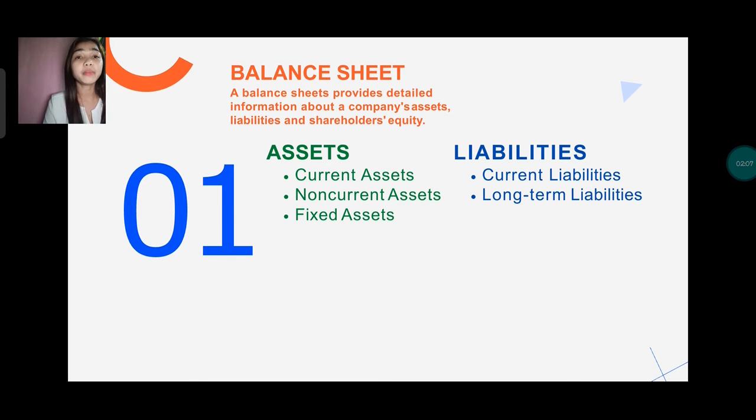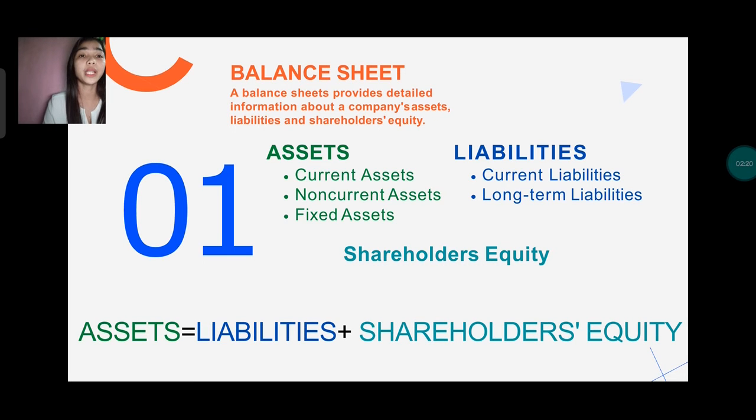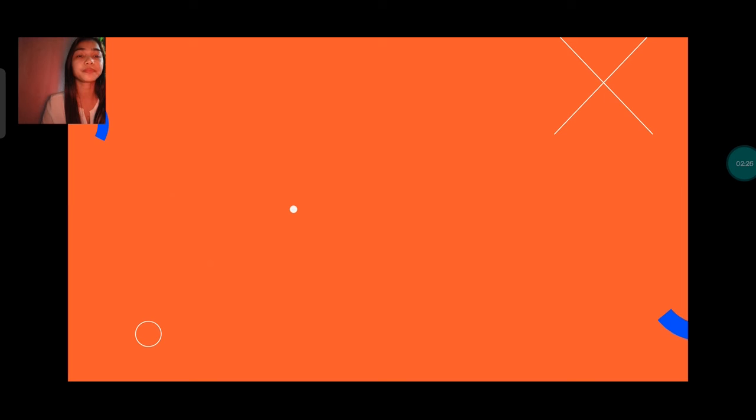The long-term liabilities are obligations due more than 1 year away. And the last, shareholders' equity, is sometimes called capital or net worth. So here is the formula of a balance sheet: assets is equal to liabilities plus shareholders' equity.